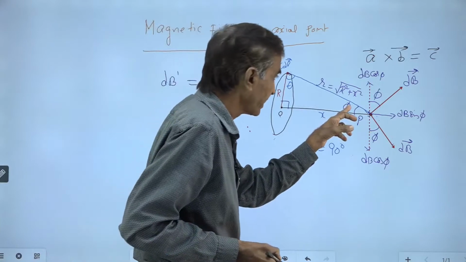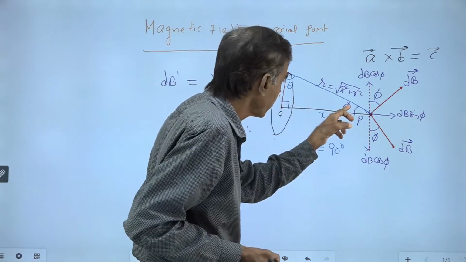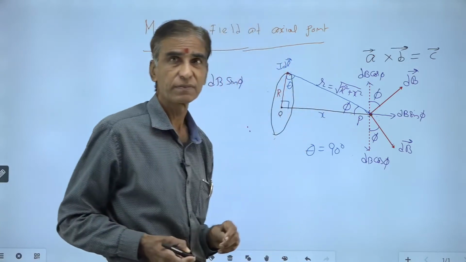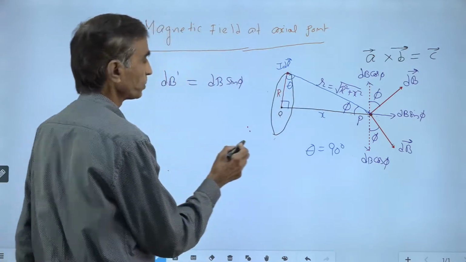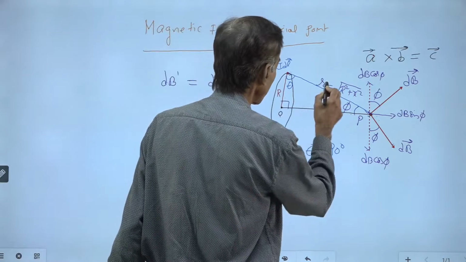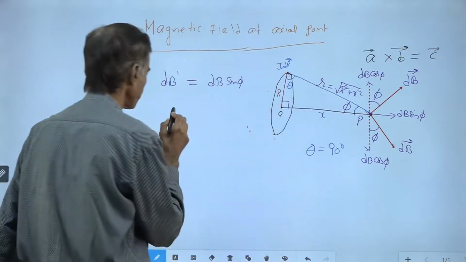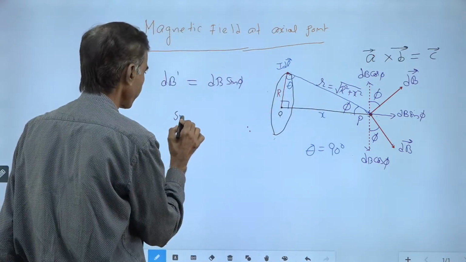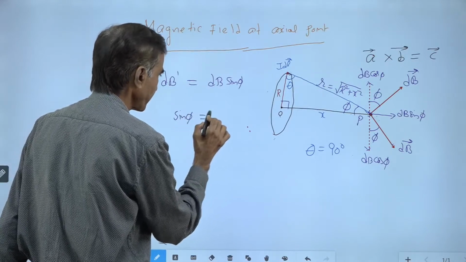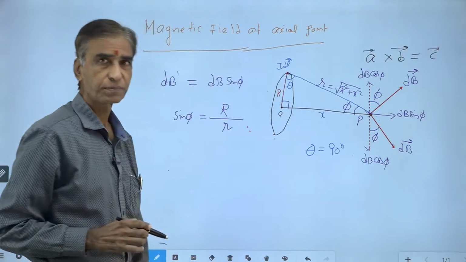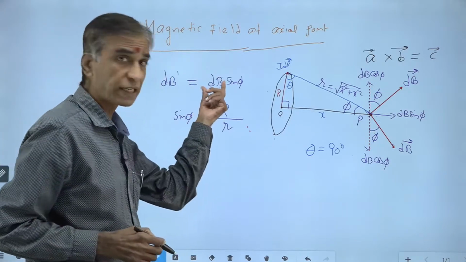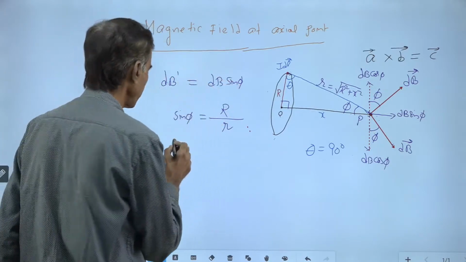And what is sin phi? Sin phi equal to capital R divided by small r. Now, we know what dB is.